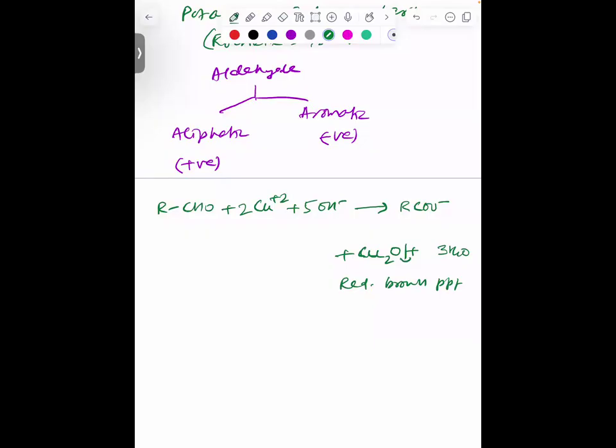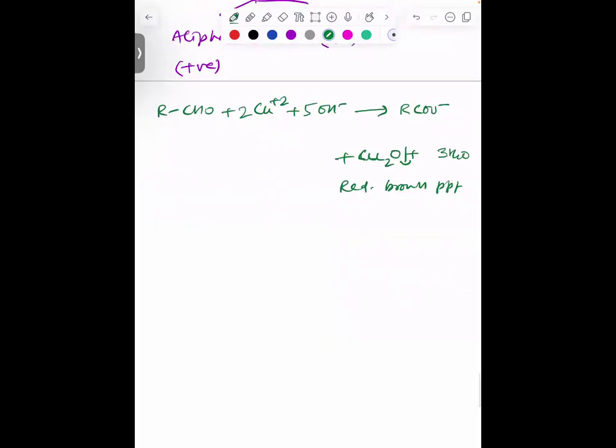Both will oxidize aldehyde, and again Fehling's solution will oxidize only aliphatic aldehyde. So note it down.